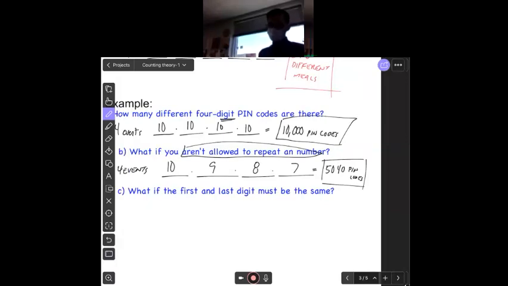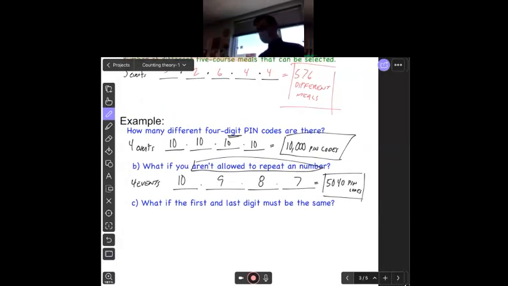All right, and the last one, I think there's a little bit of unclarity in it. This will happen sometimes. So we just need to kind of reach a consensus, or we can look at both. It says, what if the first and last digit must be the same? What it doesn't say is how the first digit can compare to the second digit. Can they repeat or not?